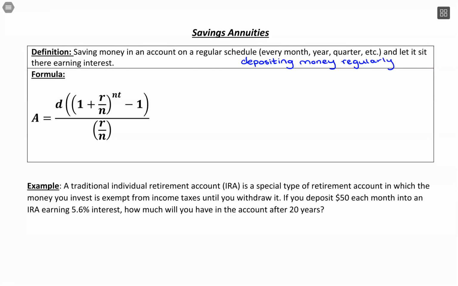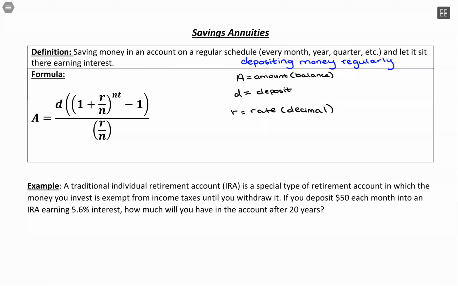Just as a review of our variables: A represents the amount in the account, so that's our balance. The variable D is new, and this is our deposit amount, how much we'll be putting aside each month, year, quarter, whatever we're doing. R is the rate. Again, when we plug in the rate, it should be in decimal form.